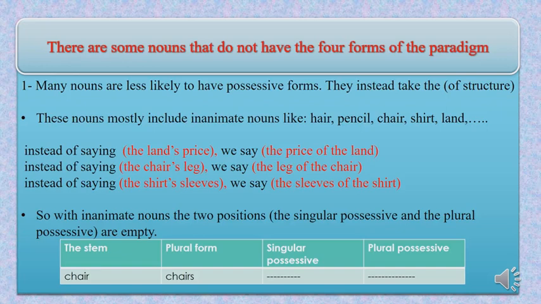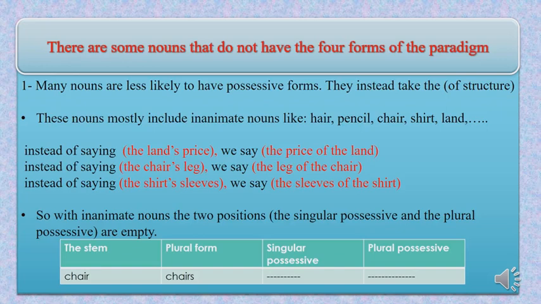Many nouns are less likely to have possessive forms. Many nouns do not take the S singular possessive or the S plural possessive. Instead, they take the of structure. These nouns include the inanimate nouns.